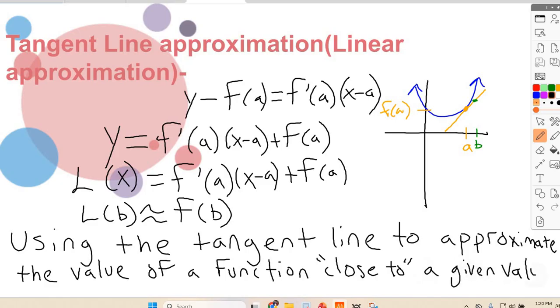In this case, my given value was A, and my number close to that value was B.